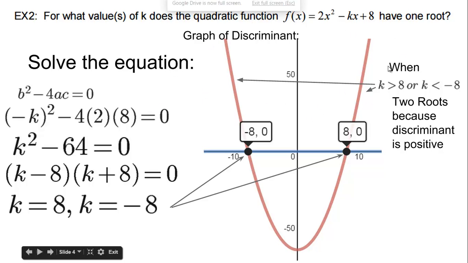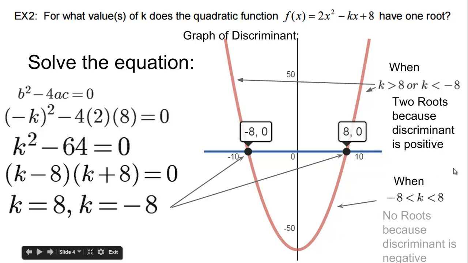We've got a positive value here. When k is between -8 and 8, remember from domain and range, that's how we say if something's between, so in the middle here, we get no roots because the discriminant is negative.